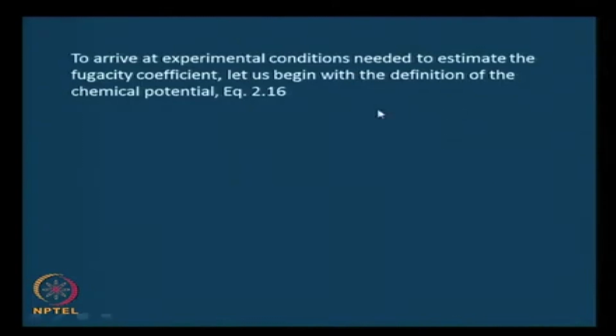Now, first to arrive at the experimental conditions needed to estimate the fugacity coefficient, we are going to begin with the definition itself, the definition of the chemical potential, which we had given in the previous module. If you remember, this was equation 2.16. We will mention this once again. ∂Gt/∂Ni at constant T, P and all other nj's different from Ni.